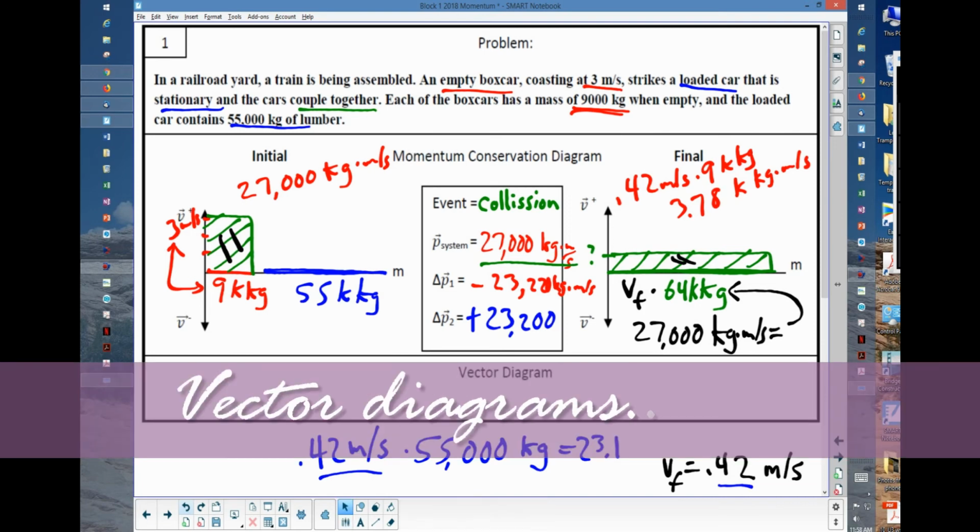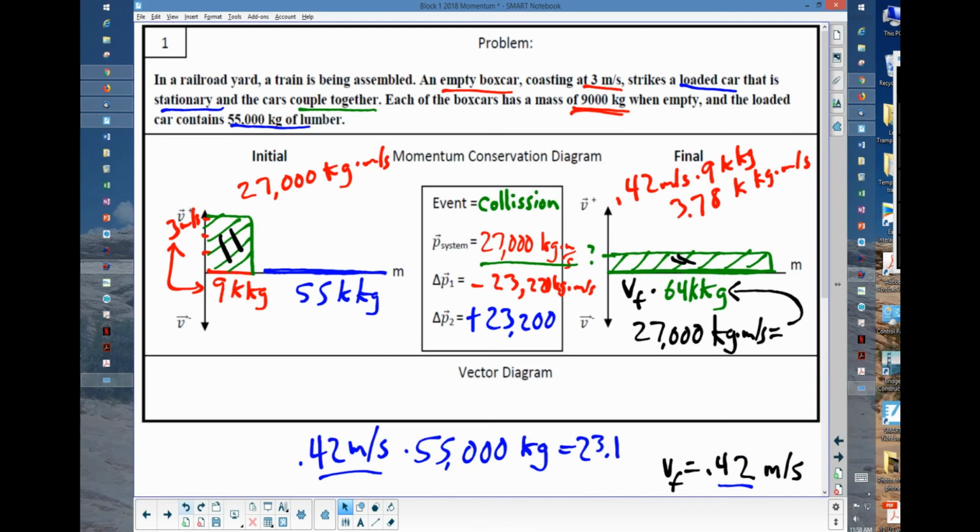Okay, final step then is the vector diagram. So here we're going to say the momentum of the red car is 27,000 kilograms times meters per second. And in the end, the red car lost 23,000, so it has 3,780, a short line.